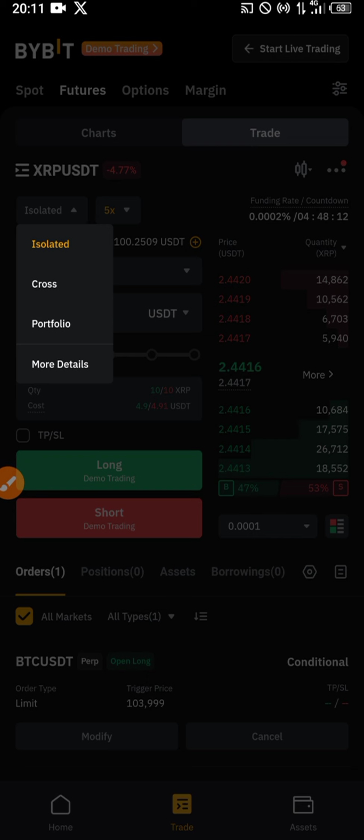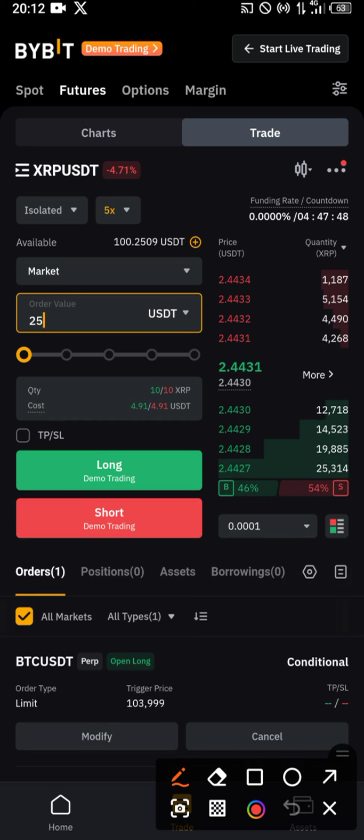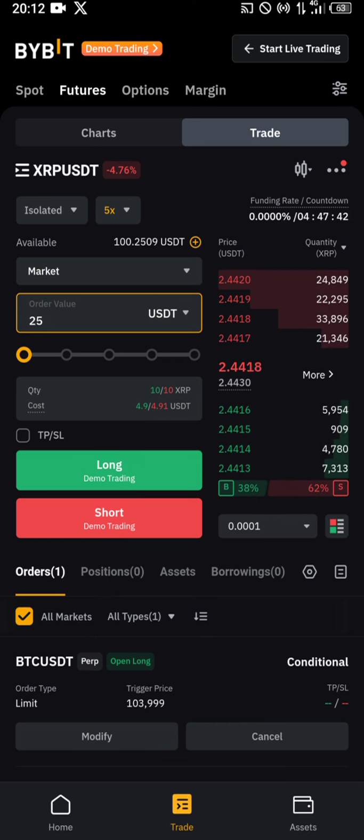Now, what is isolated? Isolated simply means only the money in that trade is at risk, right? So there is no other amount. For instance, now we have 4.91 here. Let me place this trade.